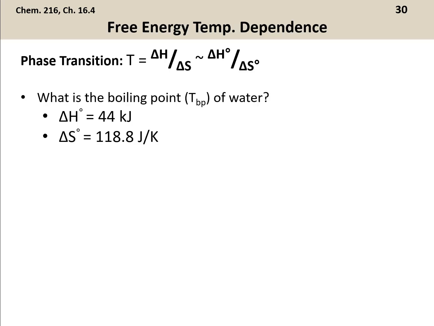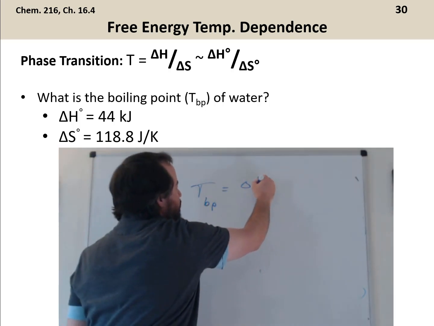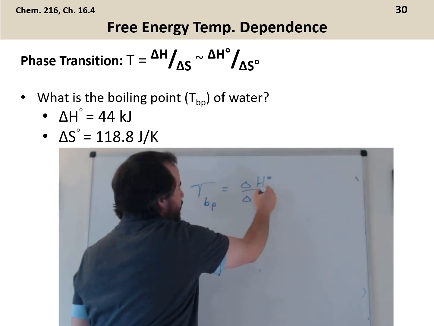Okay? All right, so let's go ahead and do this for water. So let's say we have water, and we're told delta H and we're told delta S. We can use these two values to figure out the boiling point. Okay. All right, so the temperature of the boiling point is going to be delta H naught over delta S naught.